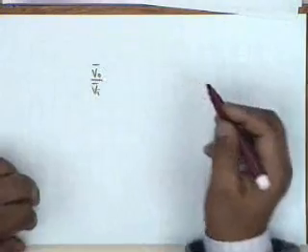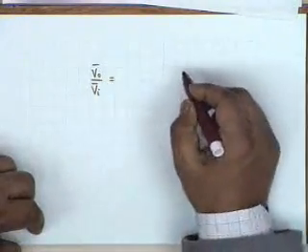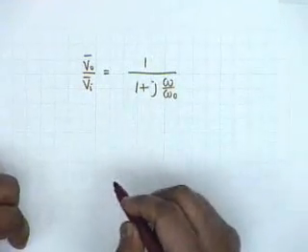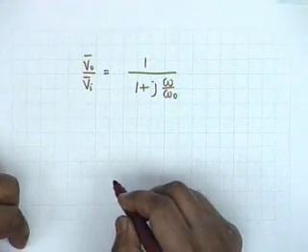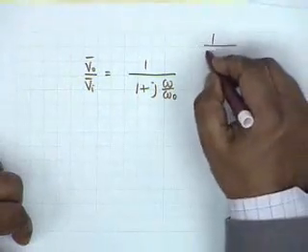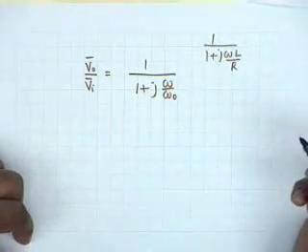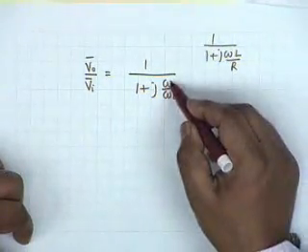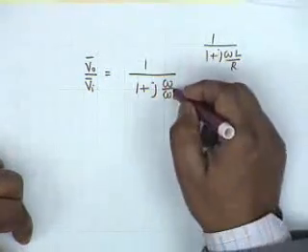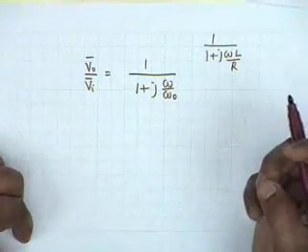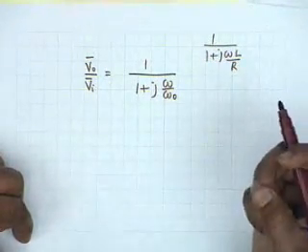Then you can write for this circuit V0 by Vi, the ratio of the two phasors, as equal to 1 by 1 plus j omega by omega 0. Alright. Is that clear? What we had was 1 by 1 plus j omega L by R, and R by L has been designated as omega 0, so I can write this as omega by omega 0. It is as if the frequency is being normalized with respect to the fixed frequency omega 0.